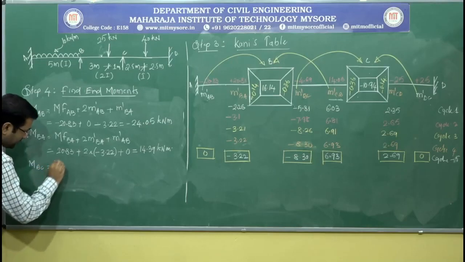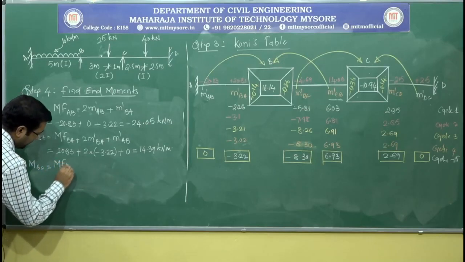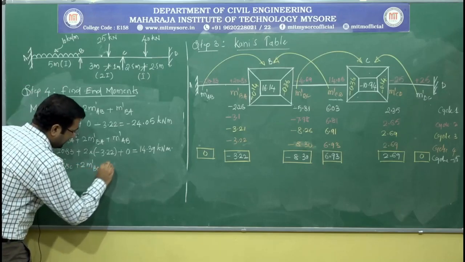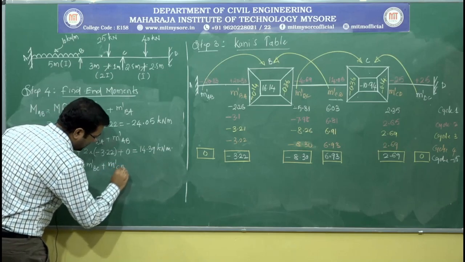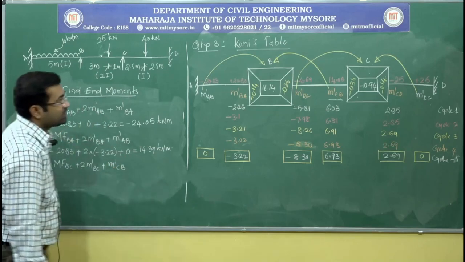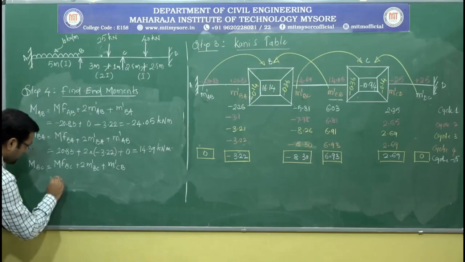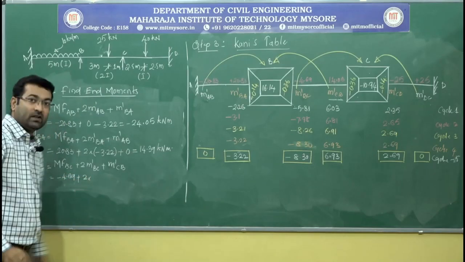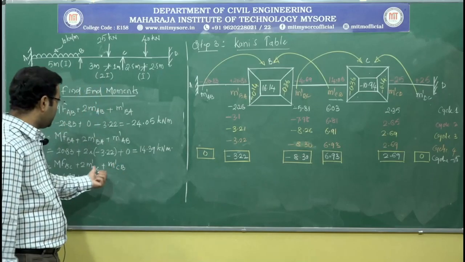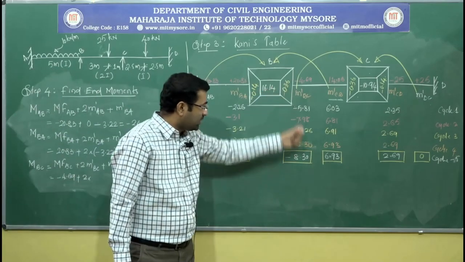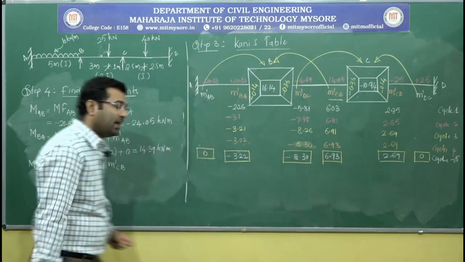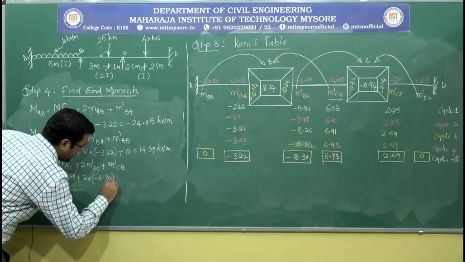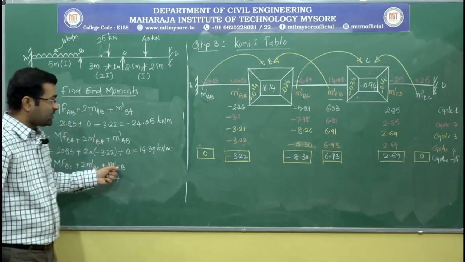MBC is equal to MFBC plus 2 times M dash BC plus 1 times M dash CB. So MFBC is minus 4.69, plus 2 times the rotation contribution. How much is the rotation contribution at BC? The rotation contribution at BC is minus 8.3, minus 8.3 plus M dash CB.